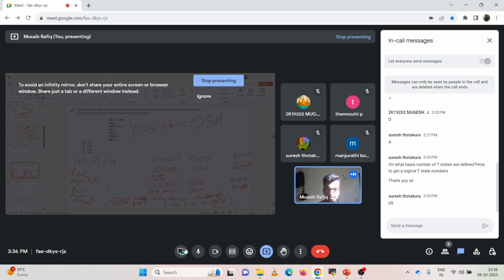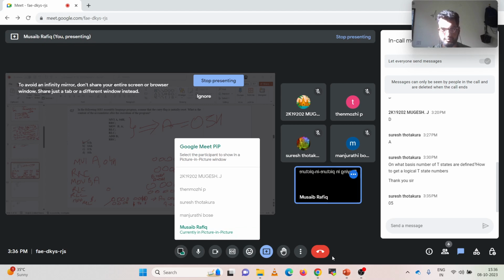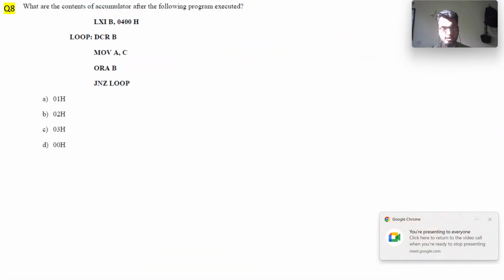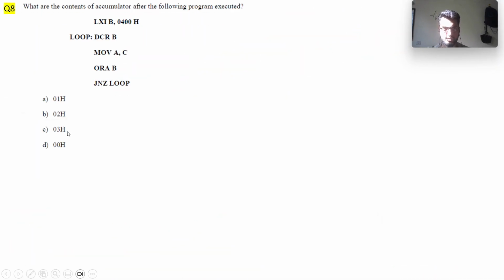Now we have the next question. I would like you guys to do this first, and then I'll show the solution. It states: what are the contents of accumulator after the program is executed?